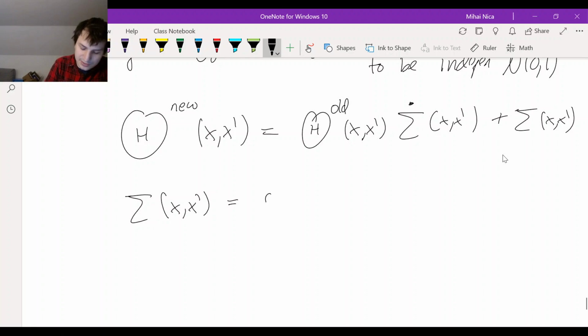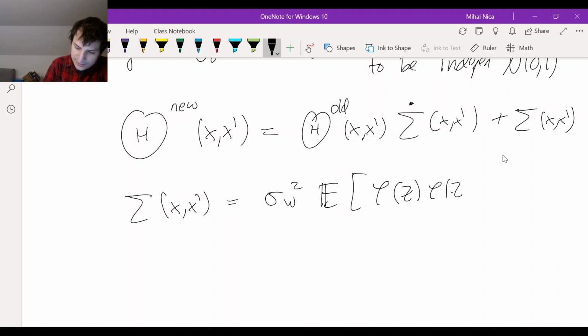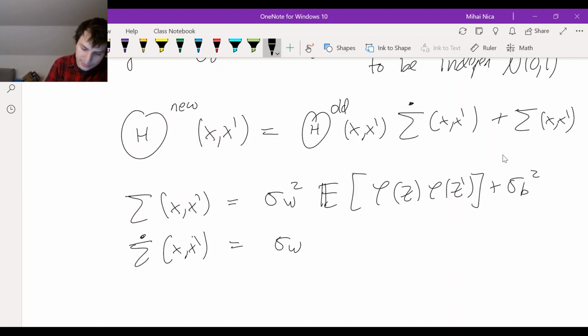So this is sigma_w squared, expected value of phi of z times phi of z prime, plus sigma_b squared, and sigma-dot of x, x prime is sigma_w squared, expected value, and then you do the derivatives of the nonlinearity.